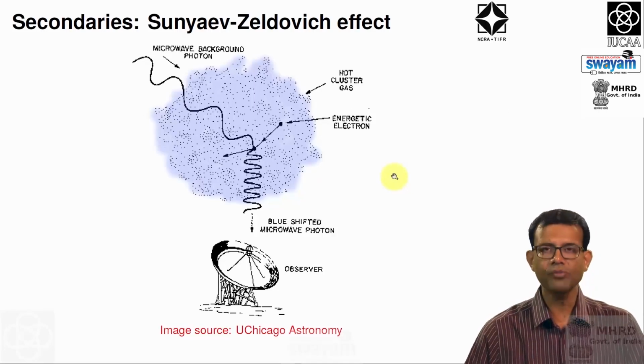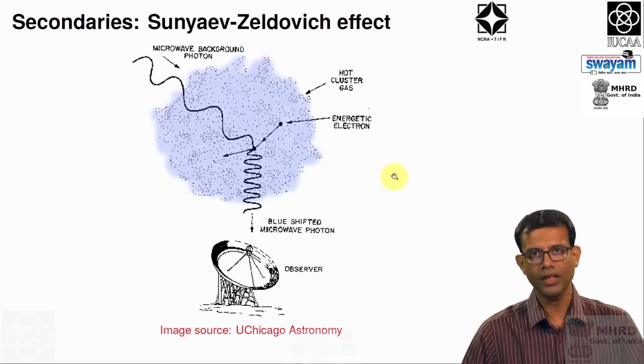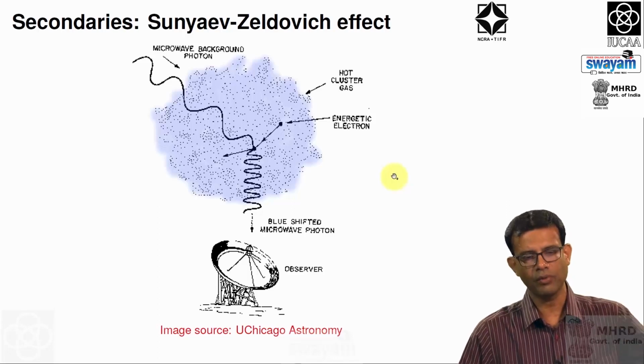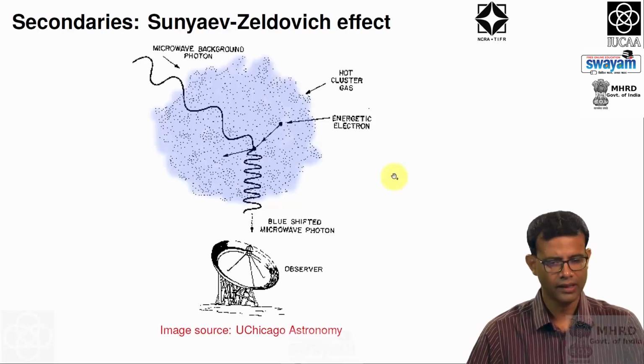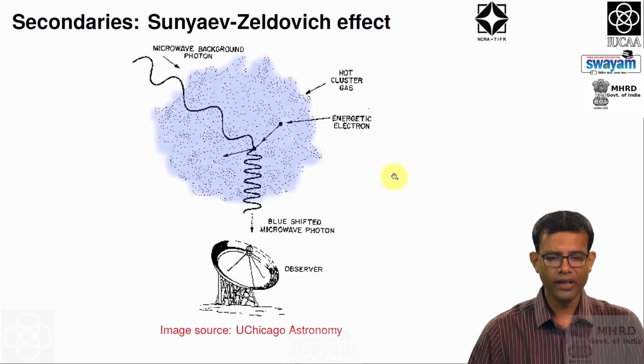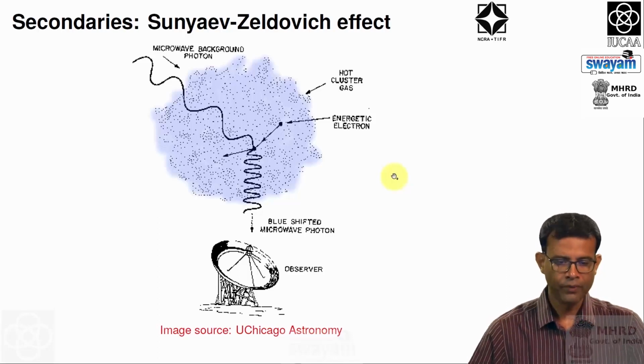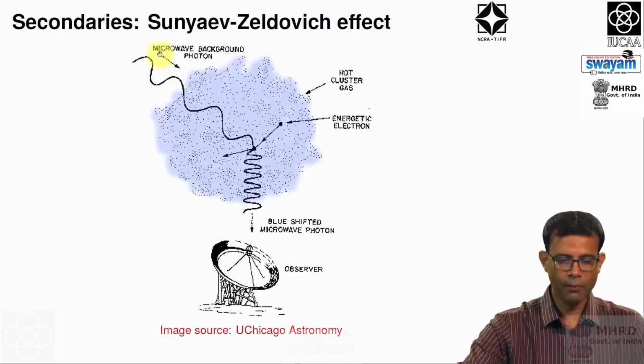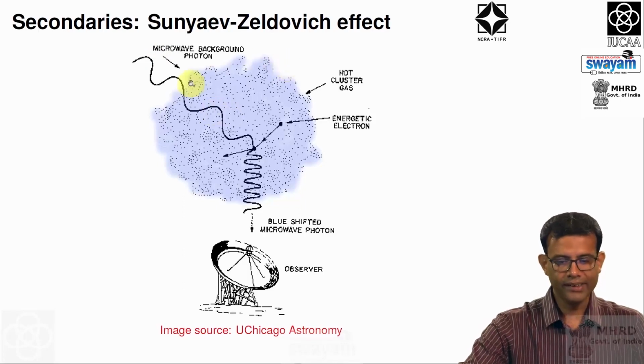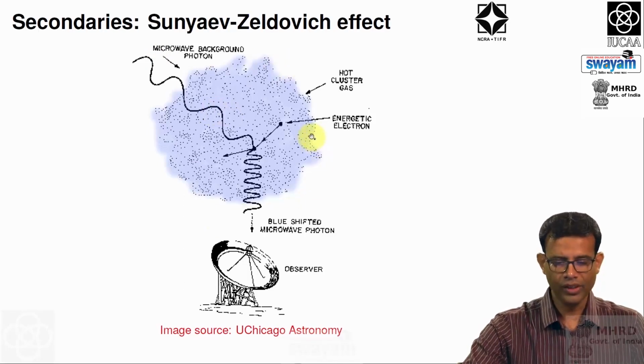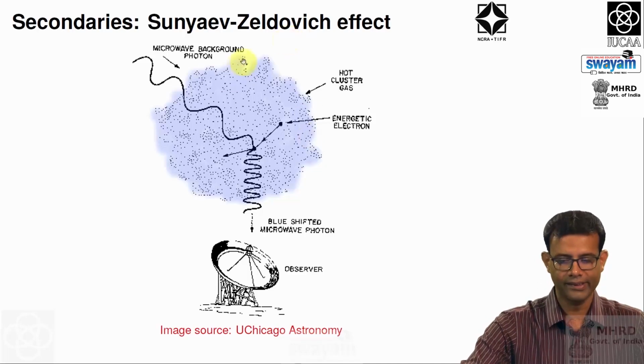Remember, these are secondaries because this is happening not at the last scattering surface, but between the last scattering surface and us. There are other secondary effects like the Sunyaev-Zeldovich effect, where a microwave CMBR photon comes and passes through a gas which is hot, sitting again in galaxy clusters.